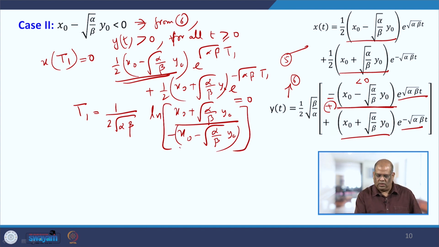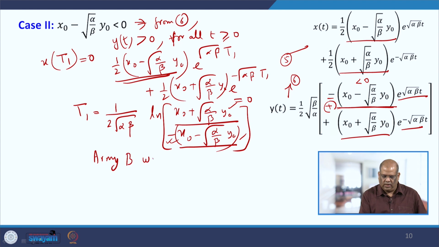Now, this quantity is negative, and along with this negative sign, this whole quantity is positive. So, inside the root nothing is negative, this is also positive, this is also positive. So, you get a finite time t1 for which your x(t) is equal to 0, and hence in this case you have army B wins.